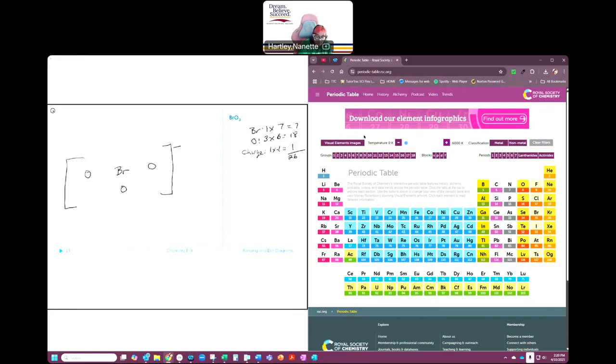Right. I need to have a bond that contains 2 electrons between each of these guys. So that takes up 6 of those electrons. That leaves me with 20 electrons that I need to distribute. Each oxygen gets 2, 4, 6.